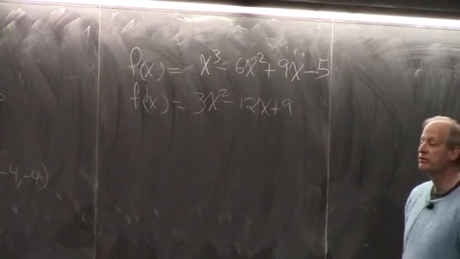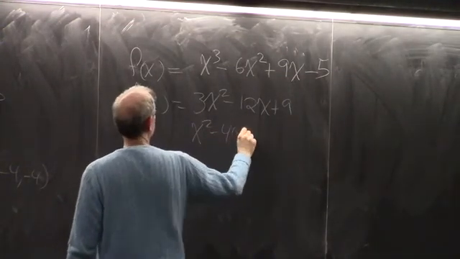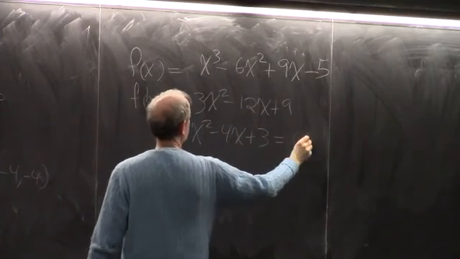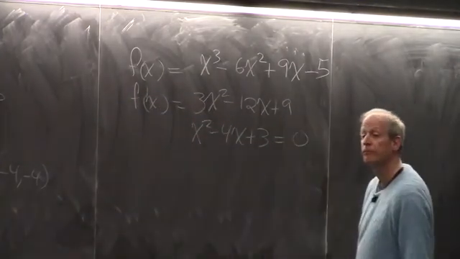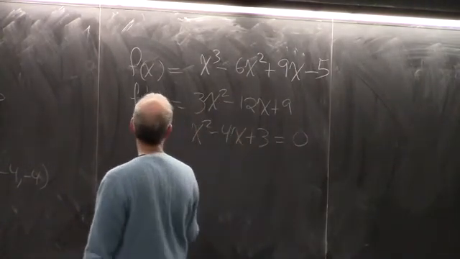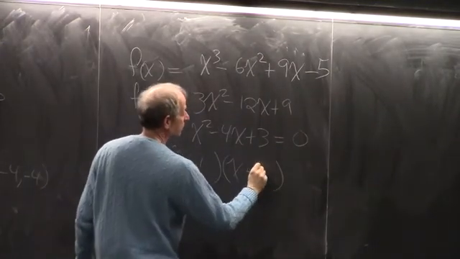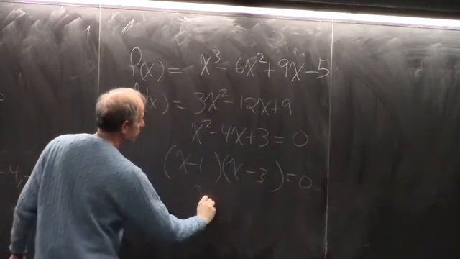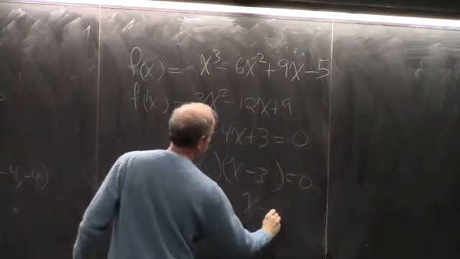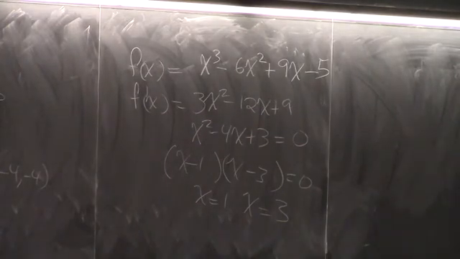Take that derivative and set it equal to 0. That factors quite nicely. You get x equals 1 and x equals 3. Since you don't have calculators, I'm not going to give you anything too obnoxious.